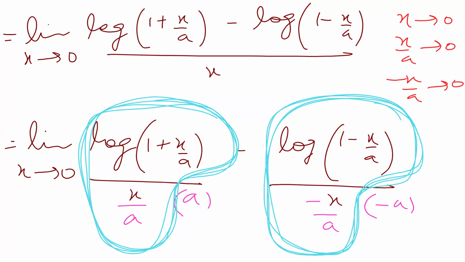A is a non-zero value. A is greater than 0, which is mentioned in the problem. They have to mention this, it is compulsion. So 1 upon a minus 1 upon minus a gives 2 by a.